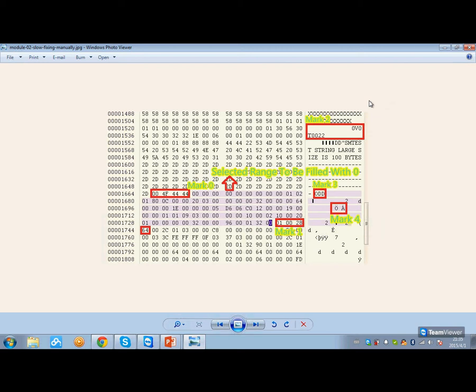So the machine can fix the slow problem, but this is basically a picture telling us how to do this manually. Okay.